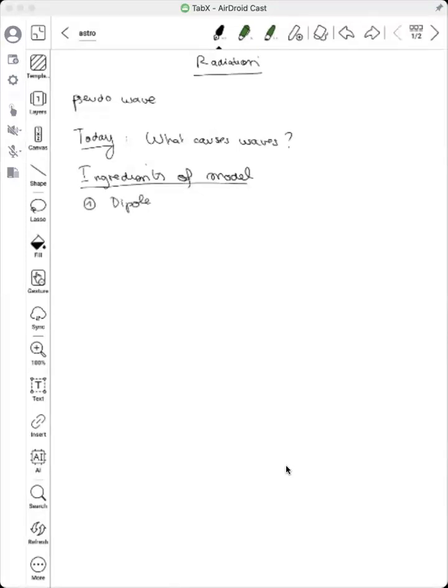Let's draw it. We have one particle here and another one here, which is minus q, and the distance here is d. Here I have O, and here I have my negative and my positive charge, okay?